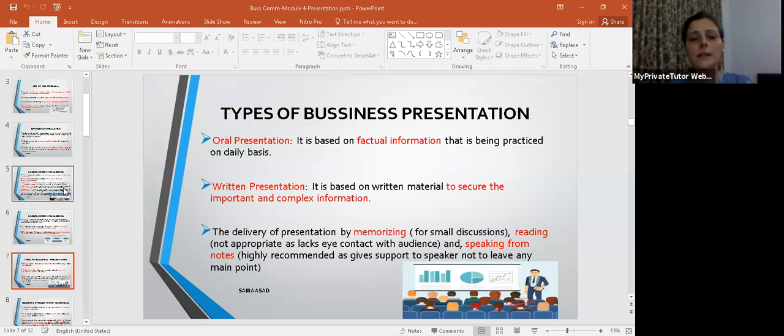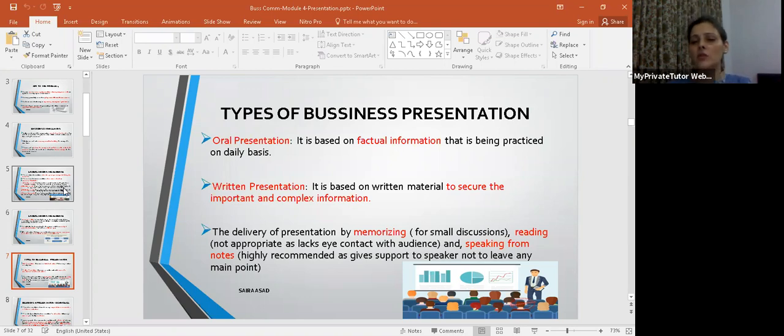Okay, there are two types of business presentation, basically: oral and written. Apart from that, there are different types of presentation, and the presentation strategies or tools, which we are going to focus on later. But basically, it can be an oral or written presentation.